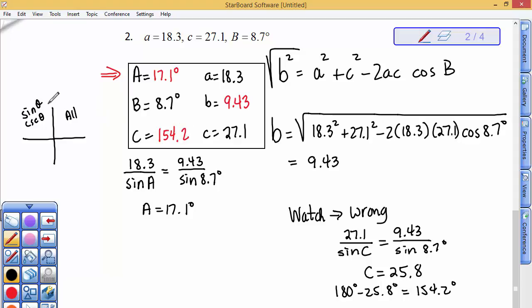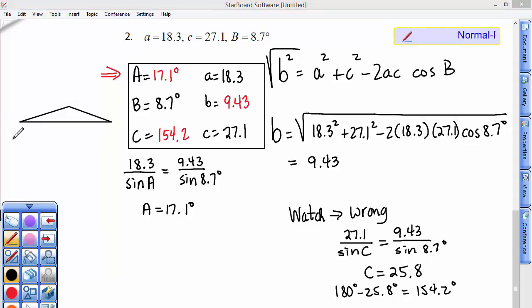Short of, I will say that you could draw a picture of this. And so, side A was 18.3. Let's see. And I'm going to make side C be this one, 27.1. And then I'm going to do this. So here's how I made my picture.